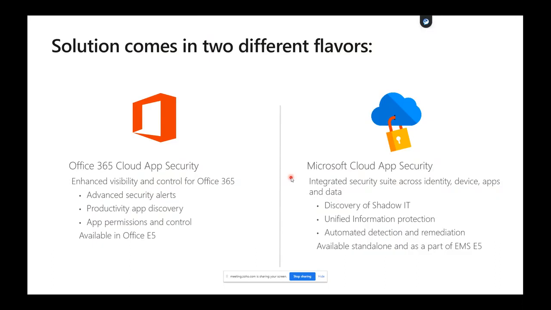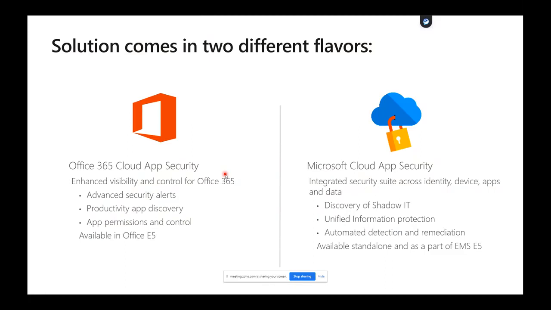The Office 365 one is far more limited, because it can only perform actions up to the Office 365 level, whereas the Microsoft 365 Cloud Application Security is available standalone and as part of your E5 suite. So M365 CAS is going to allow you to scan more than 20,000 applications, whereas Office 365 CAS is going to allow you to perform your activities on only nearly 750 applications.